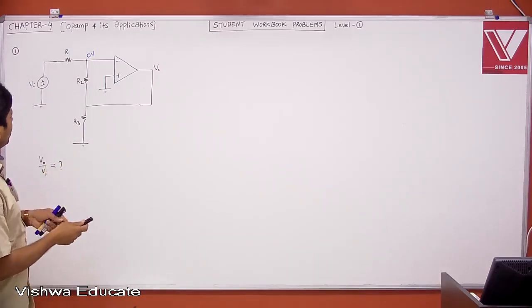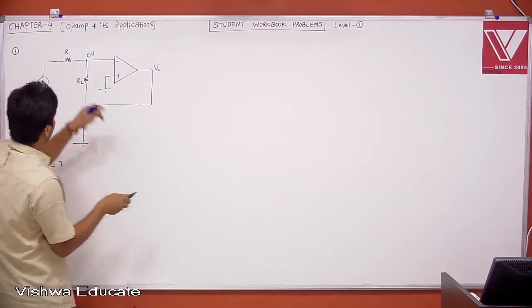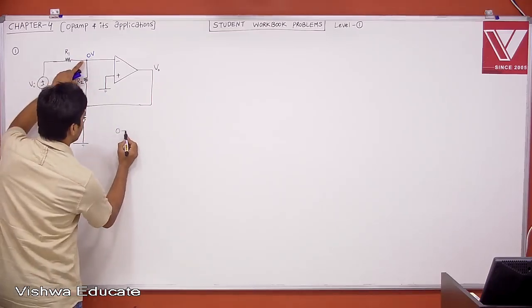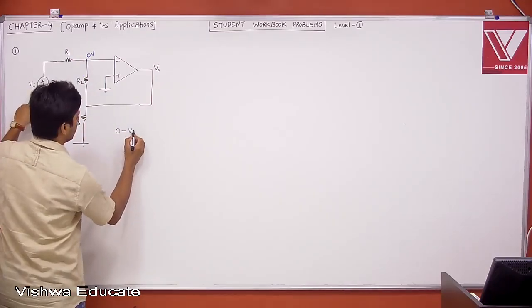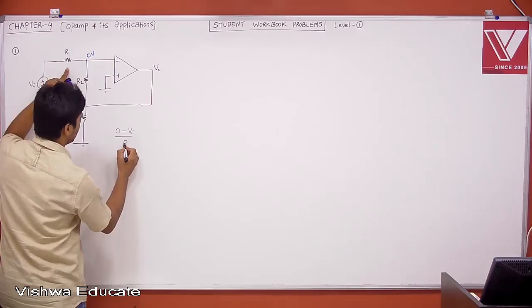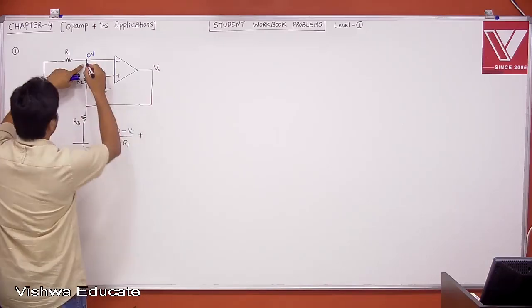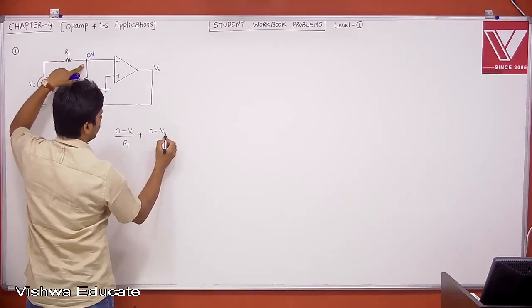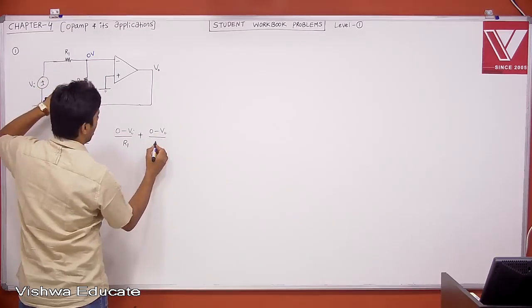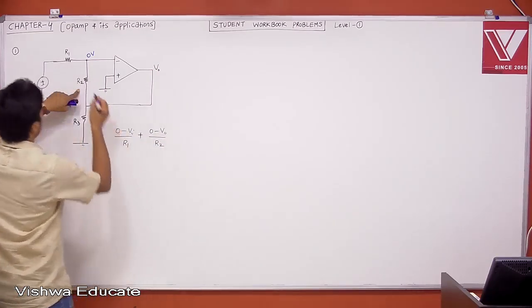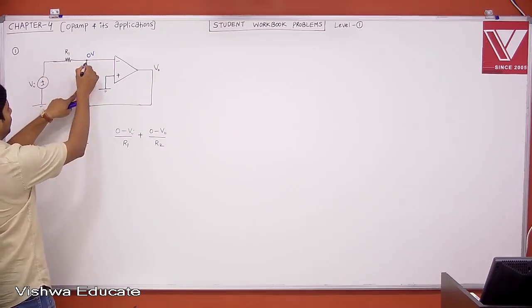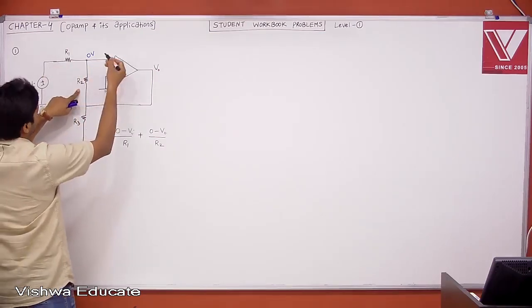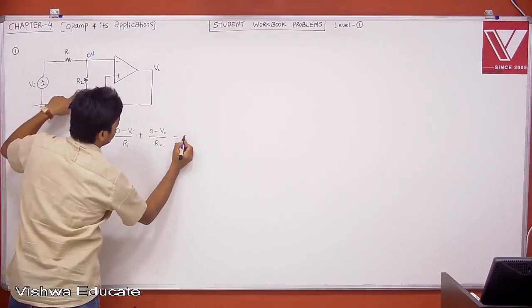Now if you apply nodal analysis, what do you get? 0 minus Vi divided by R1, plus 0 minus V0 divided by R2. Current leaving from this node plus current leaving from this node plus current entering into the op amp, that is 0, is equal to 0.